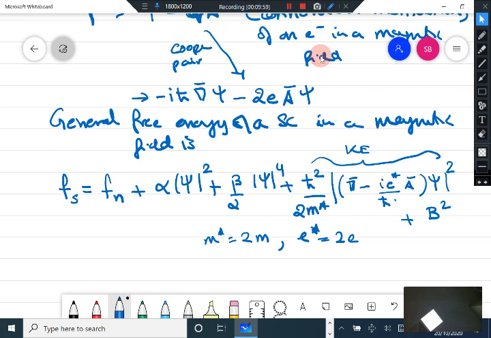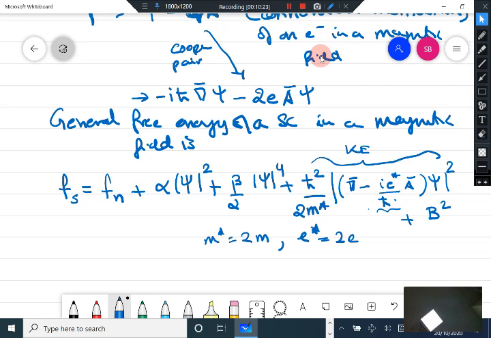So this is nothing else but eA. We have just taken the i h cross term outside, which leaves behind this factor, and of course that will give rise to h cross square. And you will get this term of your kinetic energy.